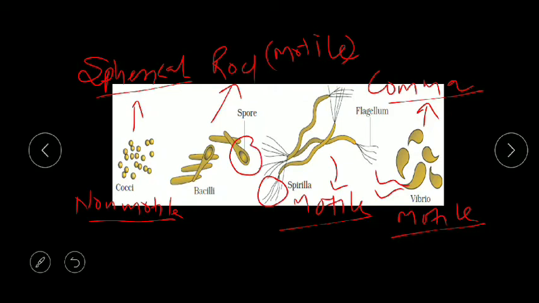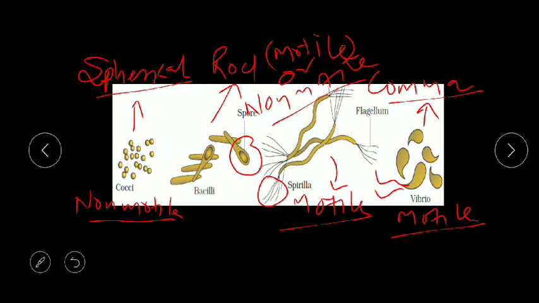Now in this you can see a diagram of spore forming. They can ask a diagram based question from this. Okay. So rod shaped can be motile or non-motile, because some bacillus do not have flagella, so they can act as non-motile also.